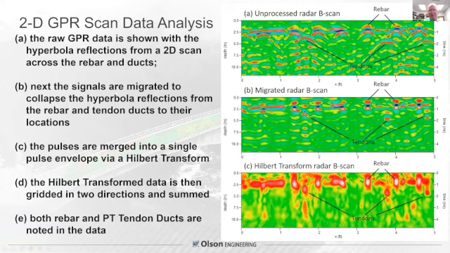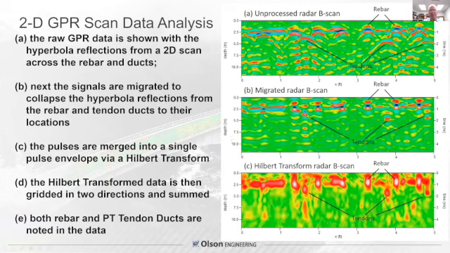Then you do what's called migration to collapse the hyperbolic reflections from the rebar and tendon ducts to their locations. So that becomes the center points of the various tendon locations called out there, and the rebars being called out above it. So you've got both rebar with the tendons, which are really reflections from the post-tensioning ducts, because the tendons are grouted in steel on the inside, but we first see the metal post-tensioning ducts because that's the first reflector.